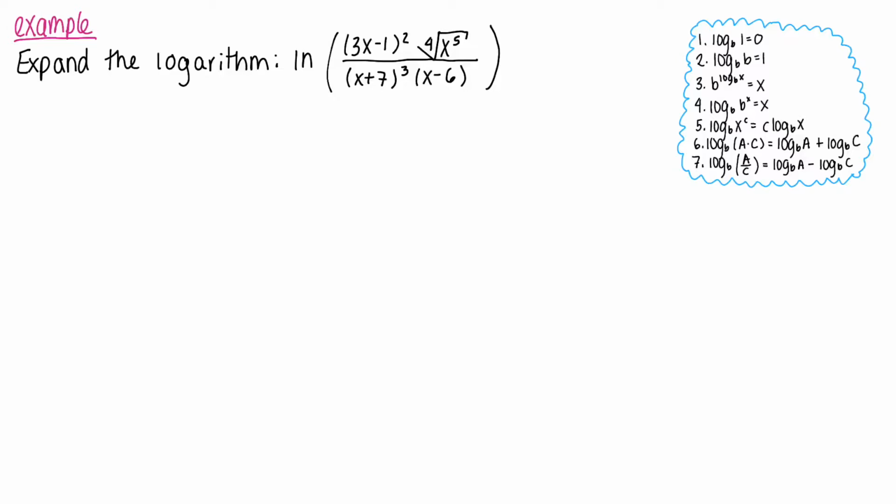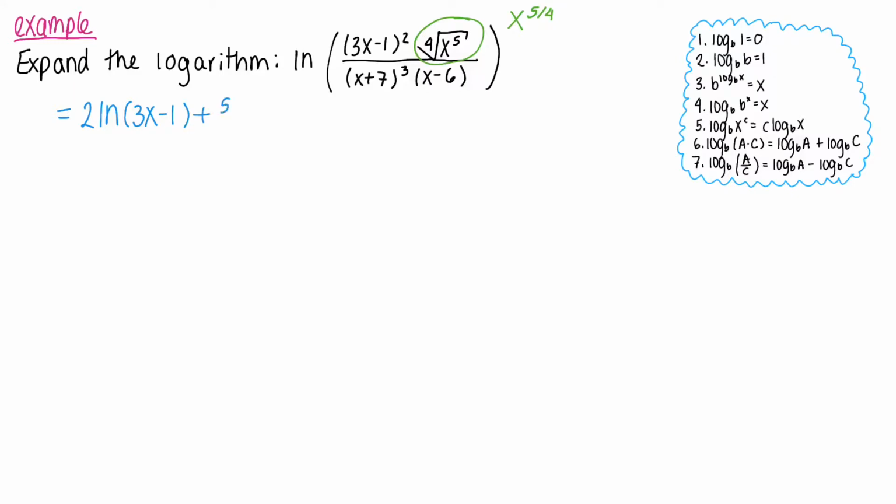The first thing I'm looking at is this 4th root of x to the 5. That's the same thing as x raised to the 5 over 4. And then I'm just going to start breaking stuff up. My first factor is positive, and the exponent is 2. The inside part is 3x minus 1. The next factor is in the numerator, so it's positive.